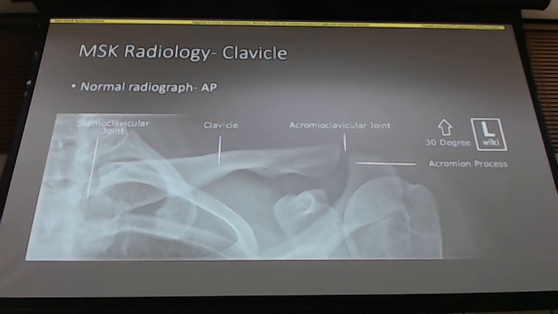But does it normally say that on the image itself? No, it does somewhere, that's the text at the bottom or the top, right? But you look at the marker there, and which side is it? Left. That's what the L stands for, correct? All right, good. So you know that you're looking at a normal radiograph, anterior posterior projection, that's what AP stands for, of the clavicle, okay?